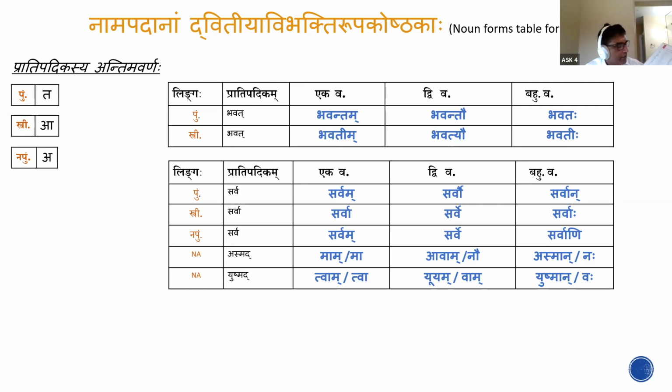Ahvayati means calling. So that is how you will infer. Kapihi tani phalani khadati. Kapihi means vanaraha, monkey. Tani phalani, those fruits. Like that, if you look at this table, all these things will easily come to you. And just do some exercises here.